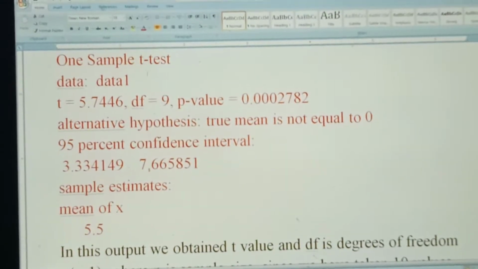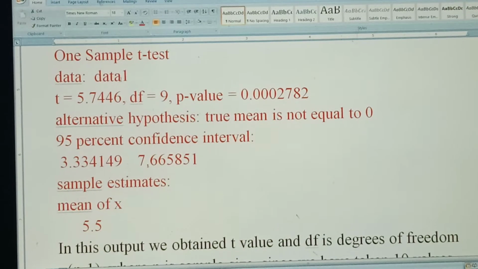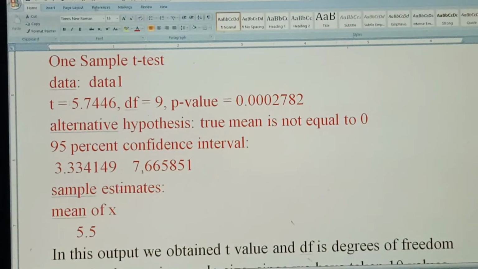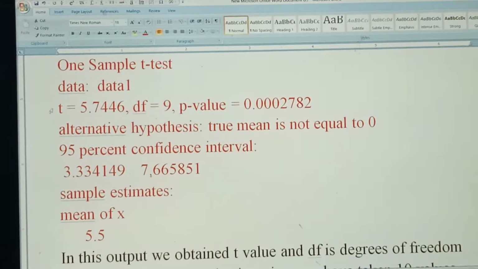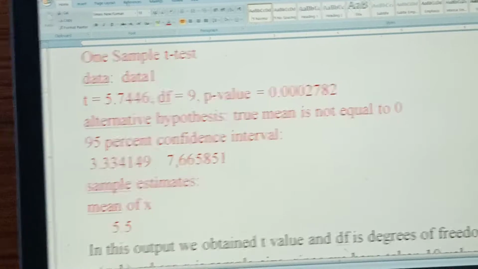We have done the one sample t-test, and the data is the numerical vector x provided by us, and then the software calculated the t value as 5.7446.